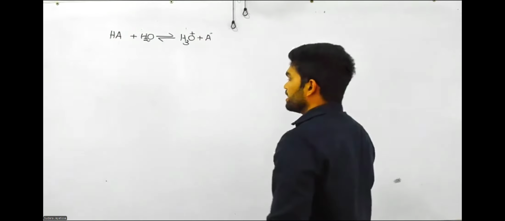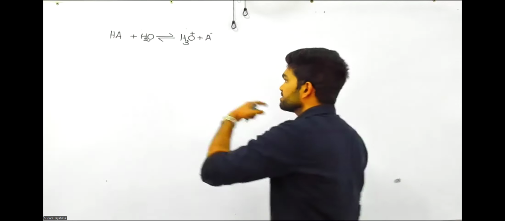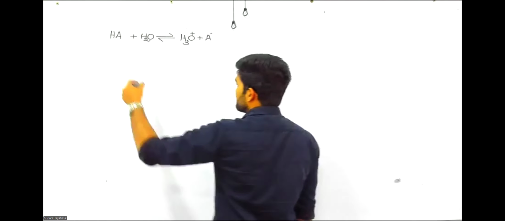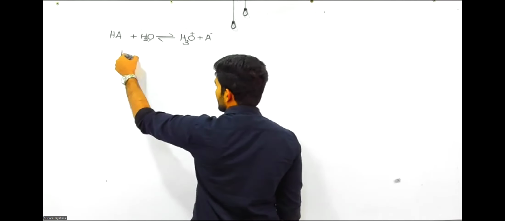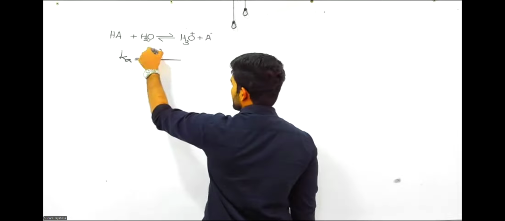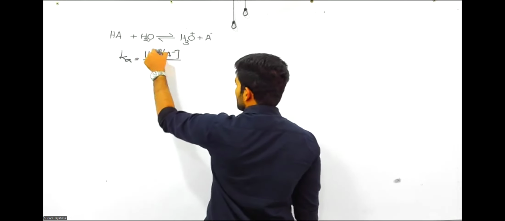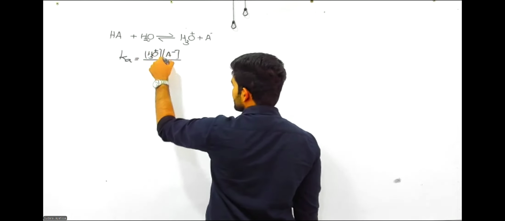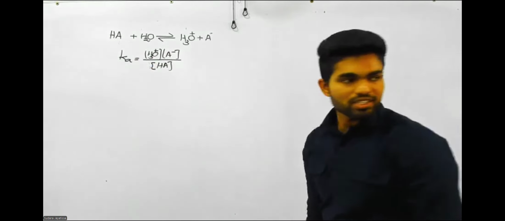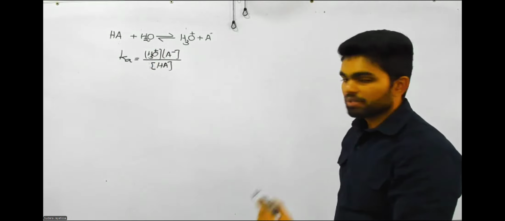And we have a Ka expression for this one. What is the Ka expression? H3O plus into A minus over HA. So these things we all know. Very clear, like the Ka expression.